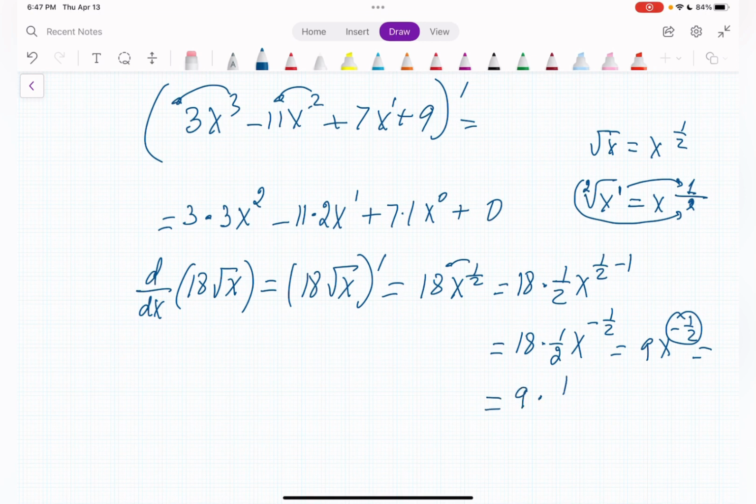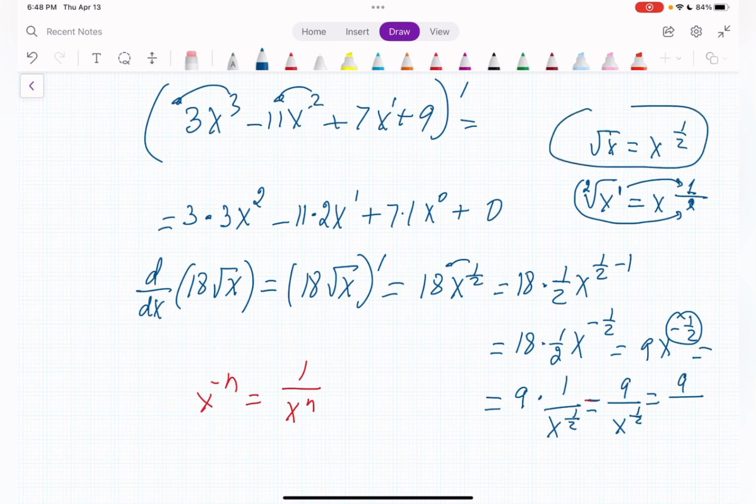It's going to be 1 over x to power positive 1/2. Remember I mentioned x to power negative n is equal 1 over x to power positive n, just like here. And this is equal 9 over x to power 1/2.